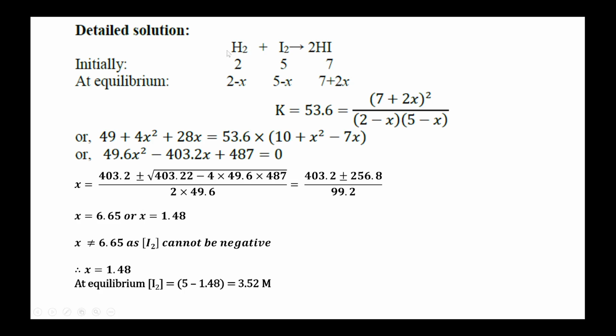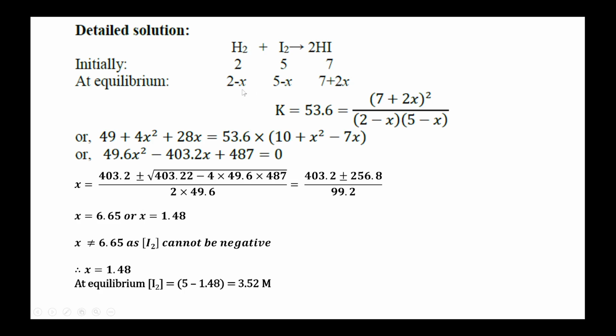So this is how we solve it. The initial concentrations are given as 2, 5 and 7 for H2, I2 and HI respectively. So I told you at equilibrium you have to write it in terms of, let's say, x moles of H2 is used. So 2 minus x for H2, x moles of I2 is consumed, so 5 minus x, because 1 mole of I2 and 1 mole of H2 are being consumed and giving 2 moles of HI.